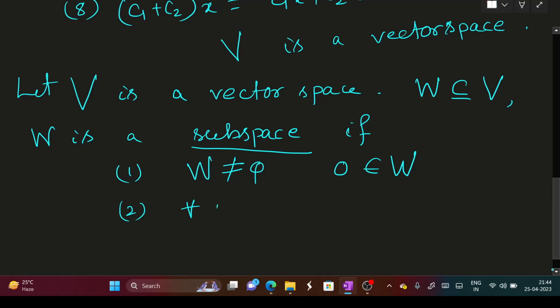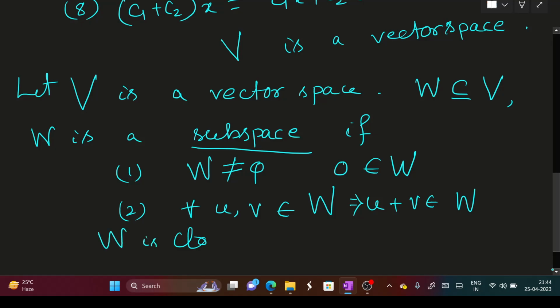For all U, V belonging to W, U plus V belongs to W. This is closed under vector addition. W is closed under vector addition.